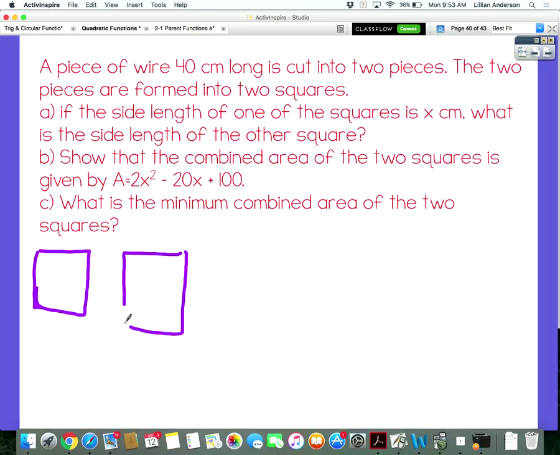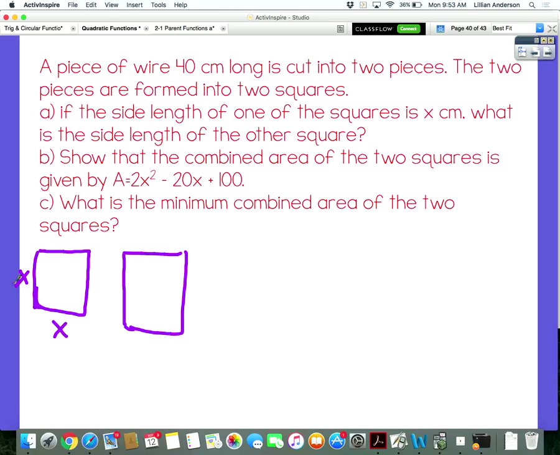Now, one of the squares had a side length of x, which means that all of its sides are x. The other square would have to be made out of the pieces of wire that you have to cut. In order for this to be a square, what would the maximum side length be? All these sides have to be the same.